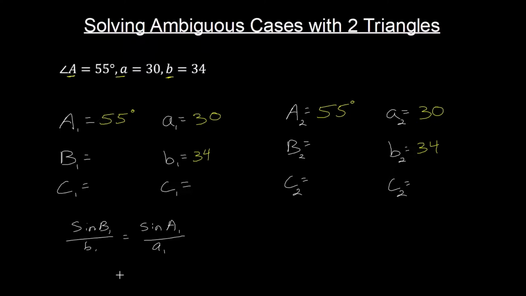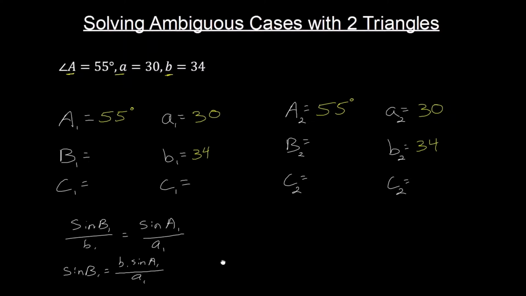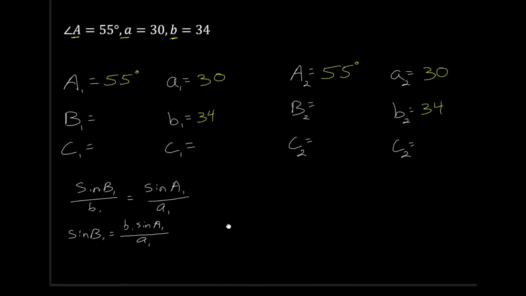Do a little bit of rearranging to get that, sine of angle B1 is equal to b1 times the sine of a1 over little a1. I am going to scoot this down just a little bit so that we have room to see things.